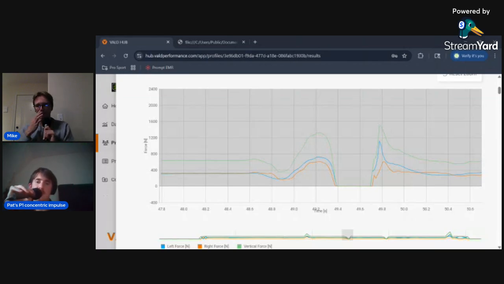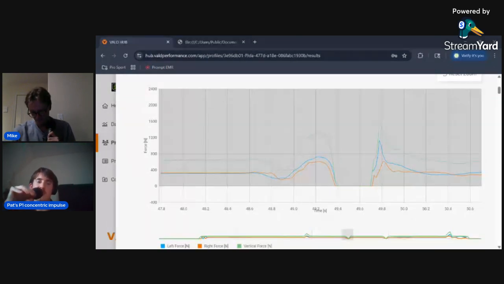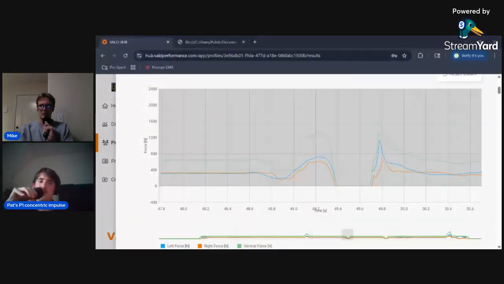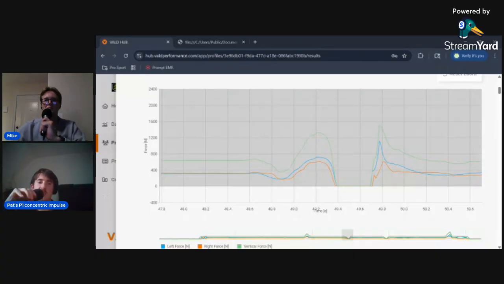Because your concentric is only going to be as good as your eccentric. So build the comfort in those deep knee flexion positions and then build the resilience and the capabilities to eccentrically load into those under quick fashions.